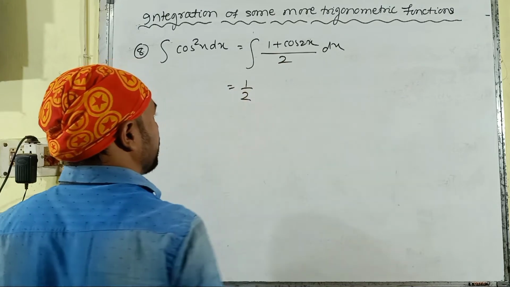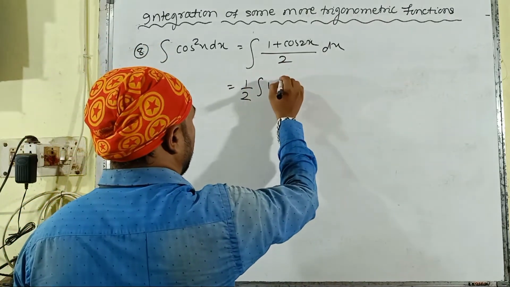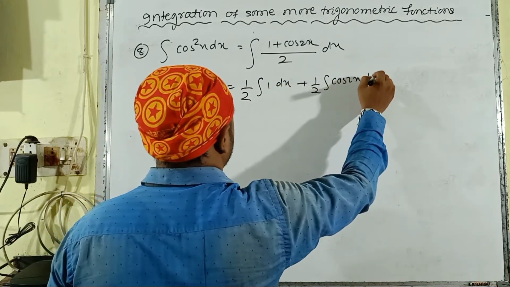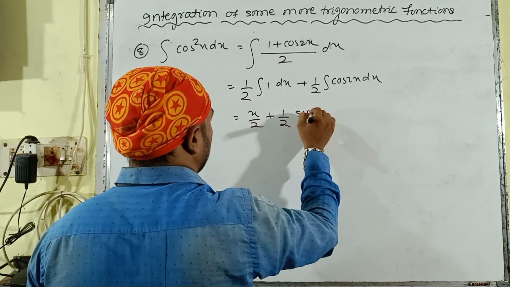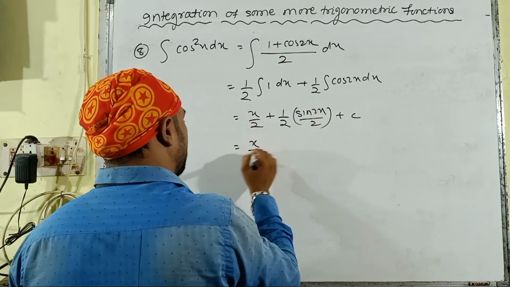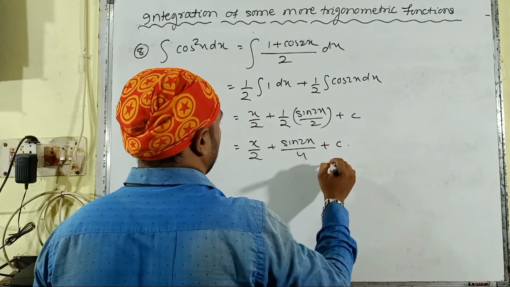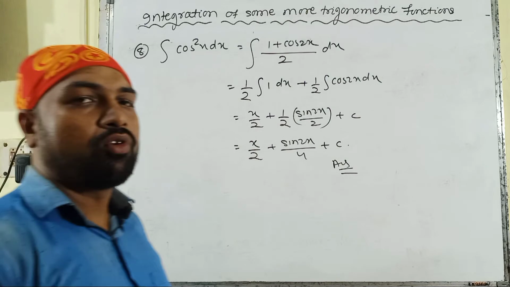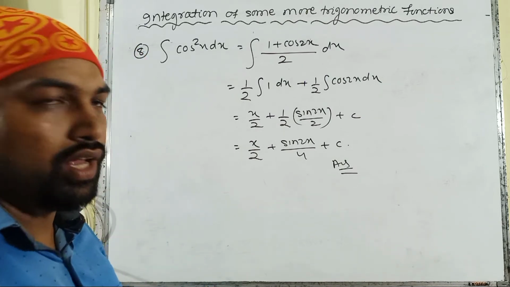So by using the algebra of integration, here we have 1 by 2 integral of 1 dx plus 1 by 2 integral of cos 2x dx, it is x by 2 plus 1 by 2 sin 2x divided by 2 plus any constant c, and then x by 2 plus sin 2x divided by 4 plus any constant c, and here it is the solution for the problem number 8. Then moving through the problem number 9.